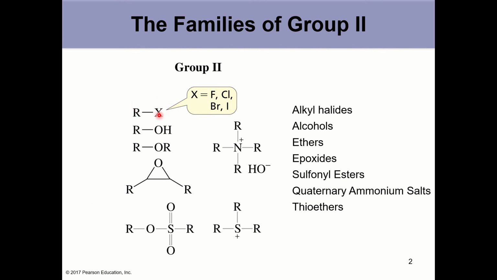So we have the generic alkyl halide is RX. Our alcohol here, this is our ether group. It's a carbon bonded to single bond oxygen, single bond carbon. Epoxides, you've already seen. Sulfonyl esters, these are going to be used as molecules. We can make them, but they're also primarily used as protecting and leaving groups. So we can make an alcohol into a sulfonyl ester.